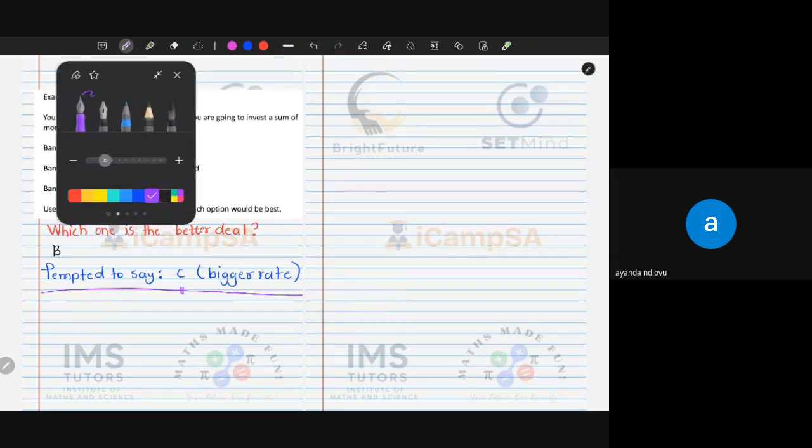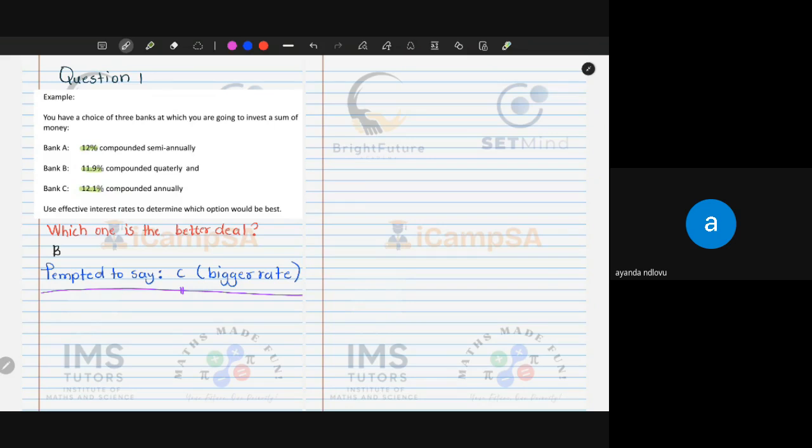So let's start by option A. So remember that the effective interest rate will just be the interest per annum. So I EFF, all this will tell you is that this will be the effective interest. It is the effective interest per year.